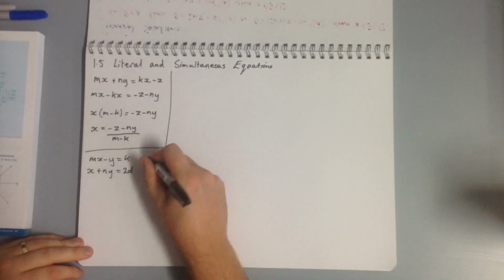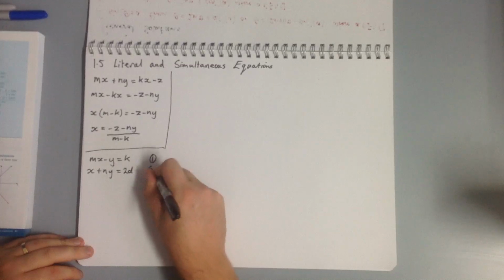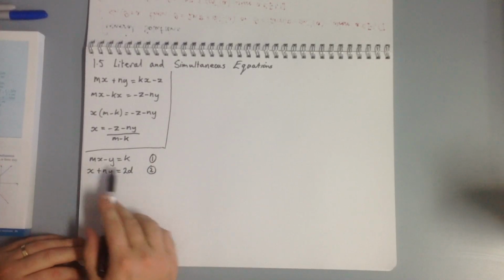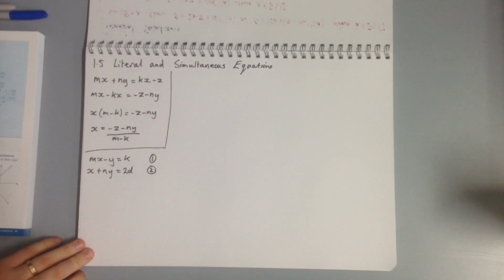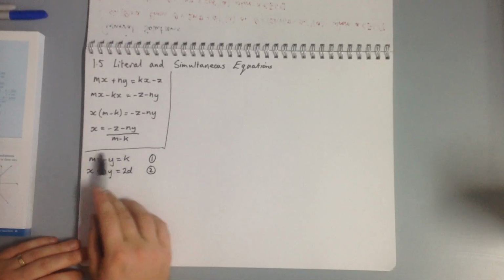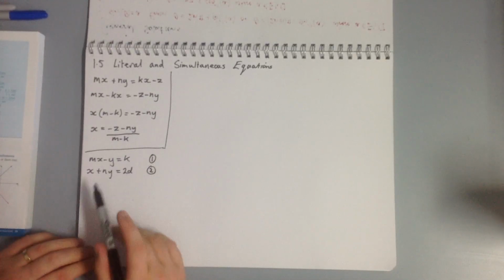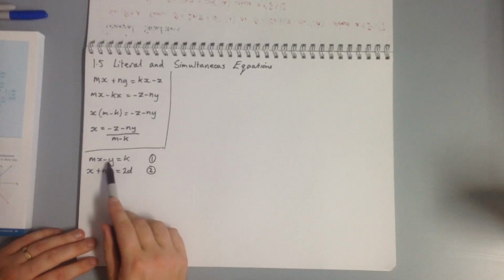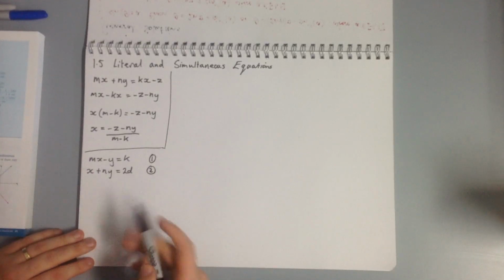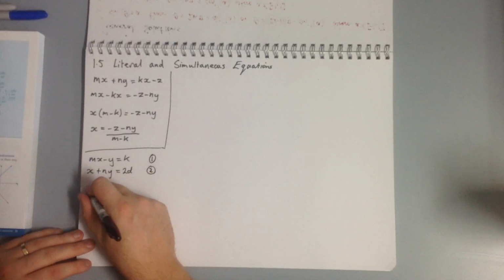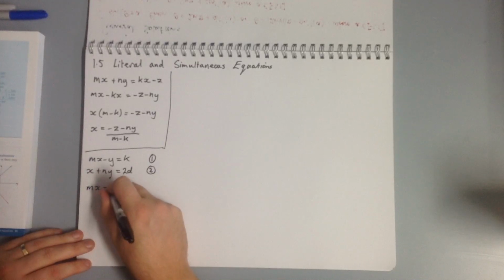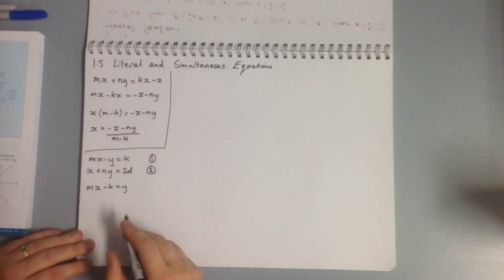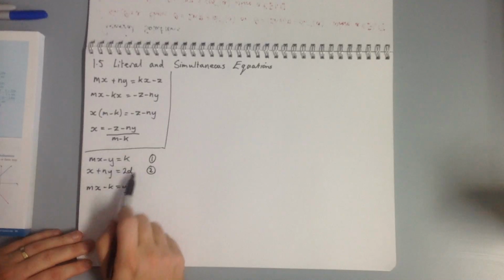We'll call this equation 1 and this equation 2. We're going to rearrange equation 1 so we're in terms of y, so we're going to have y equals something. The easiest way will be to move our y over here and our k over there. When we do that, we'll get mx minus k equaling y, by subtracting our k and adding our y on.